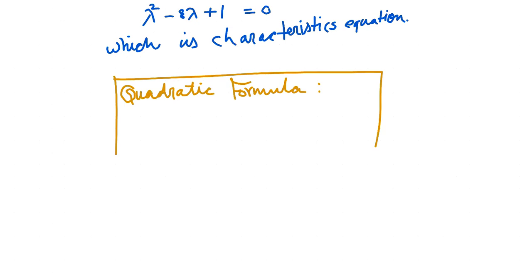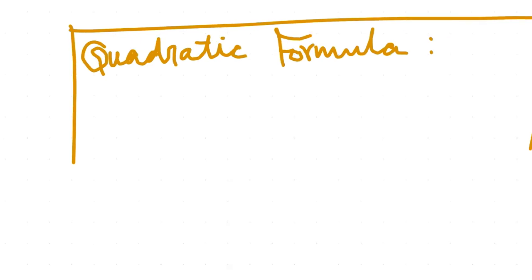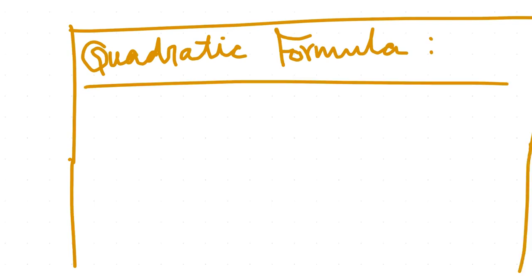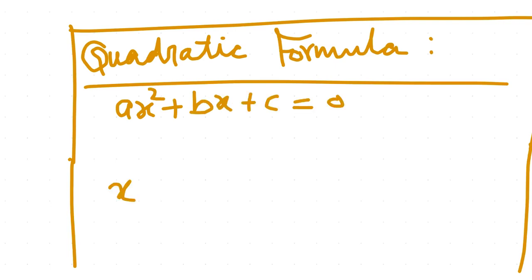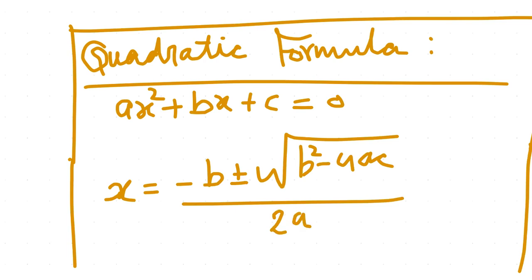If we have a quadratic equation in standard form in terms of x, ax square plus bx plus c is equal to 0, then the value of x is equal to minus b plus minus square root of b square minus 4ac, over 2a. This formula we used in 10th standard. But here we need to solve this quadratic equation, that is why we are using it.